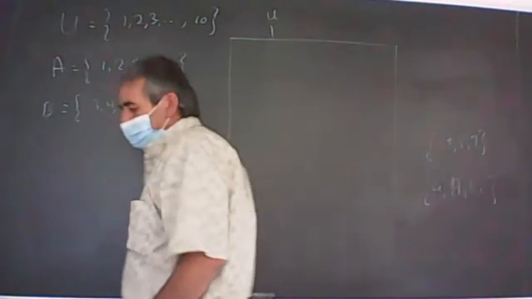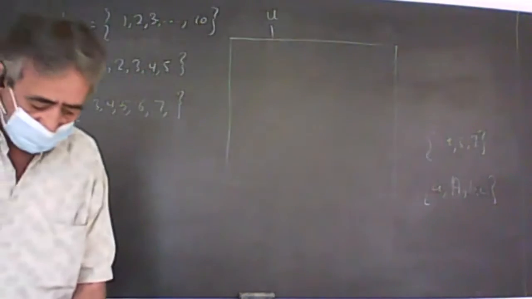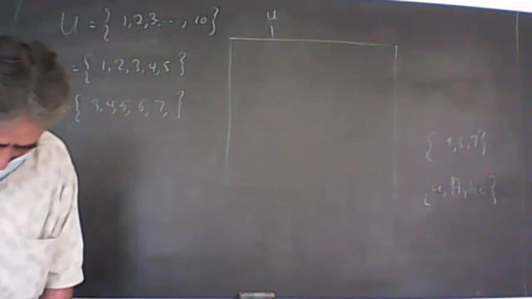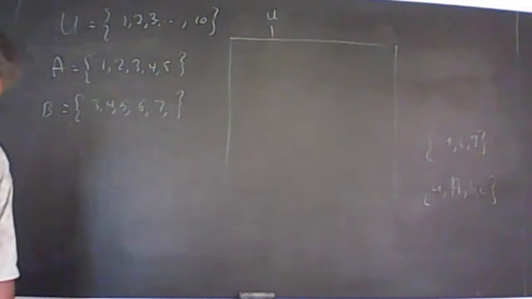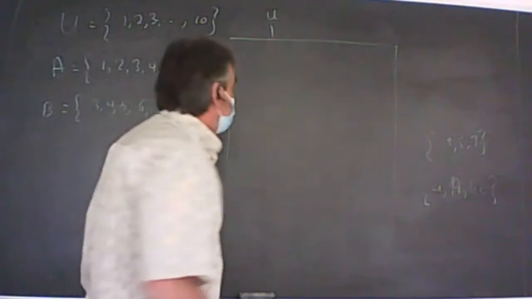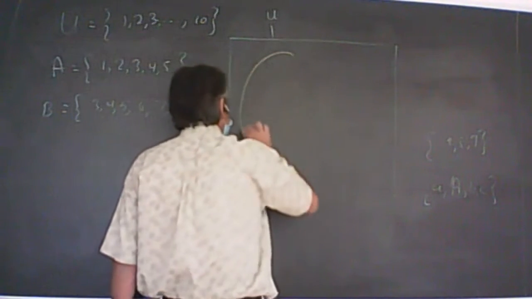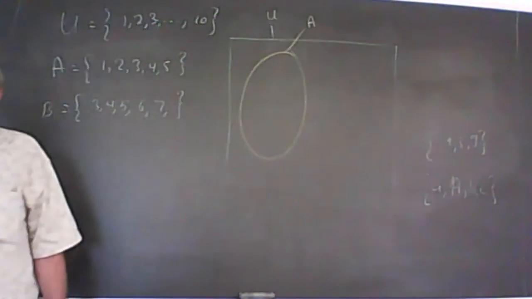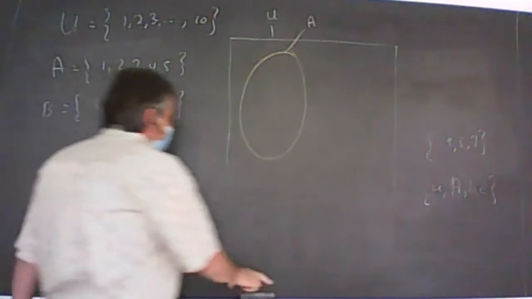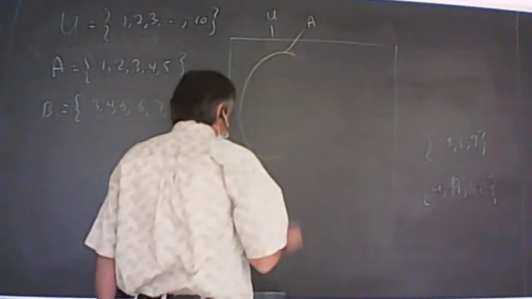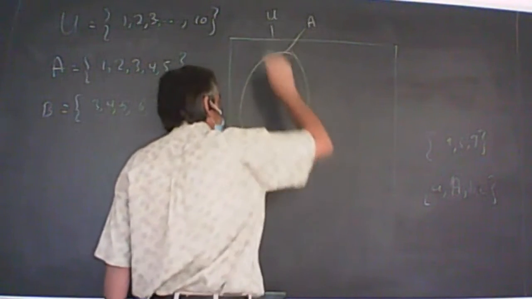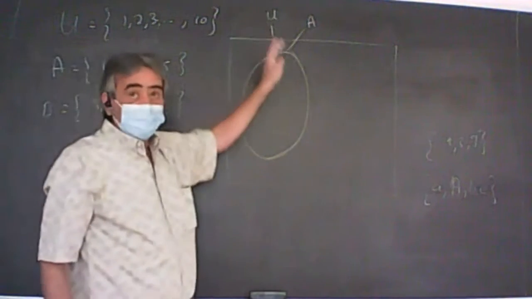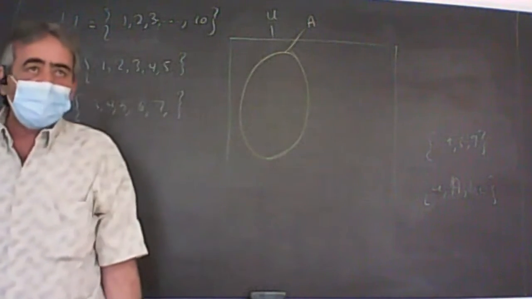So now I'm going to create a circle. Let's go ahead and use some color. Let's use yellow and maybe purple to represent each set. So there is a set. This circle, let's say, would represent all the elements in set A. Yeah? And also B will have to be part of U, right? It has to have some elements in it, yes?